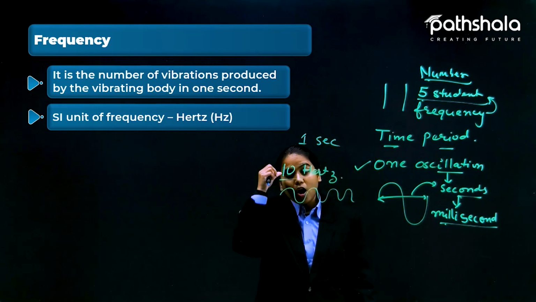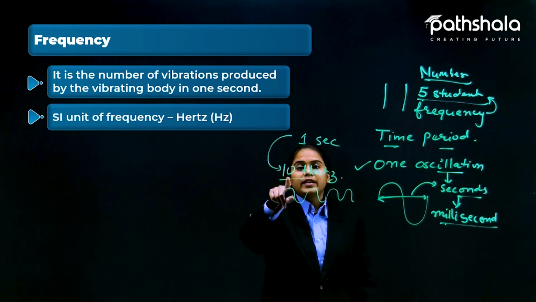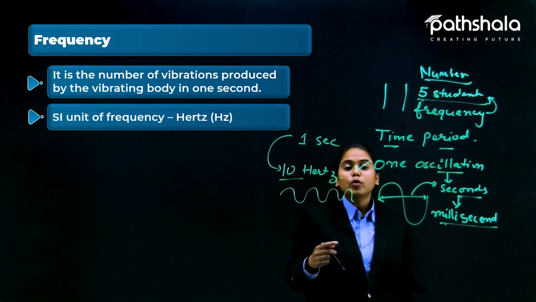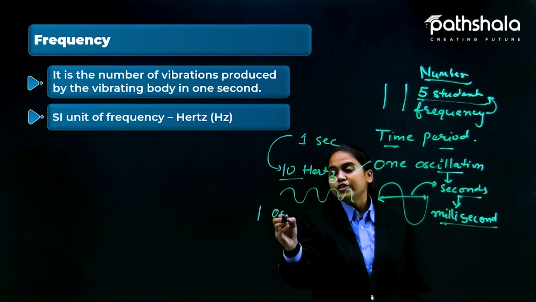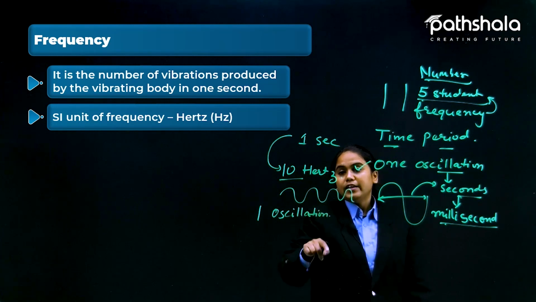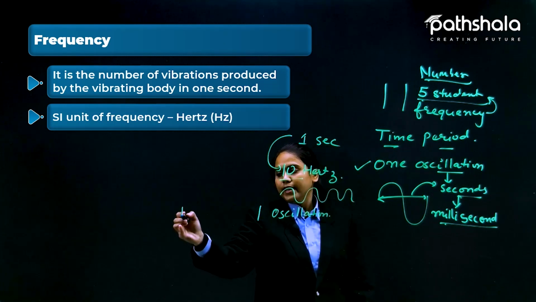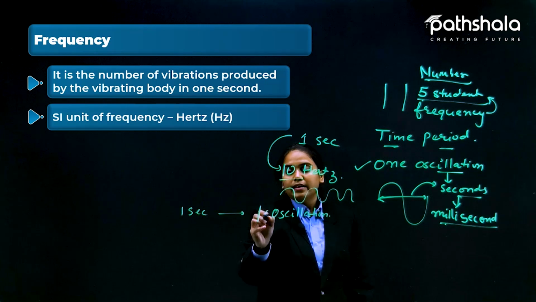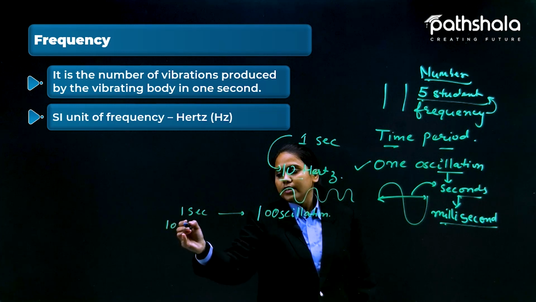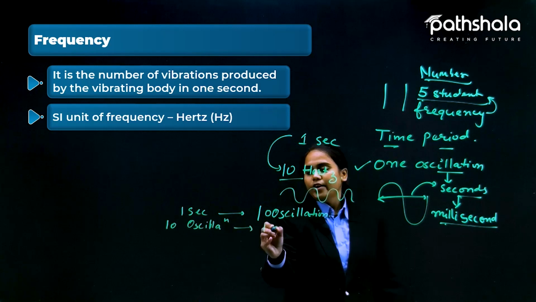This is how we can also calculate the time period now. If in 1 second there is 10 Hertz, that means 10 oscillations are passing. So what would be the time for one oscillation? Definitely that can also be worked out. In 1 second we have 10 oscillations, so we can write that 10 oscillations will be covered in 1 second of time.